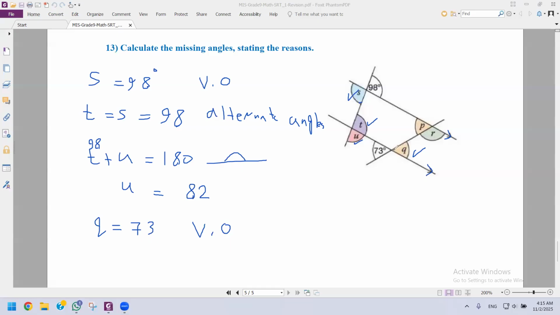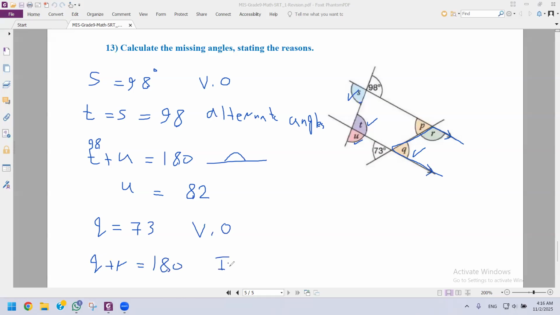Look, Q and R, they are here in the parallel lines. So if I have two angles next to each other, what do I say? We say that Q and R are interior angles. So what does that mean? Q plus R are equal to 180.